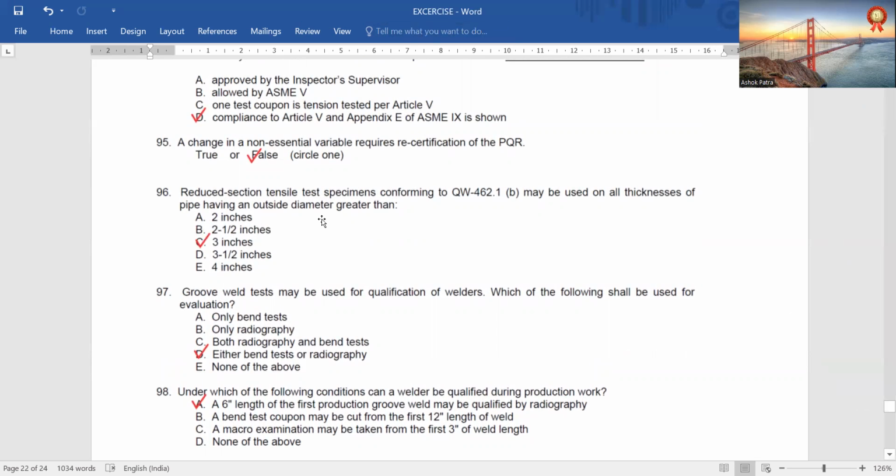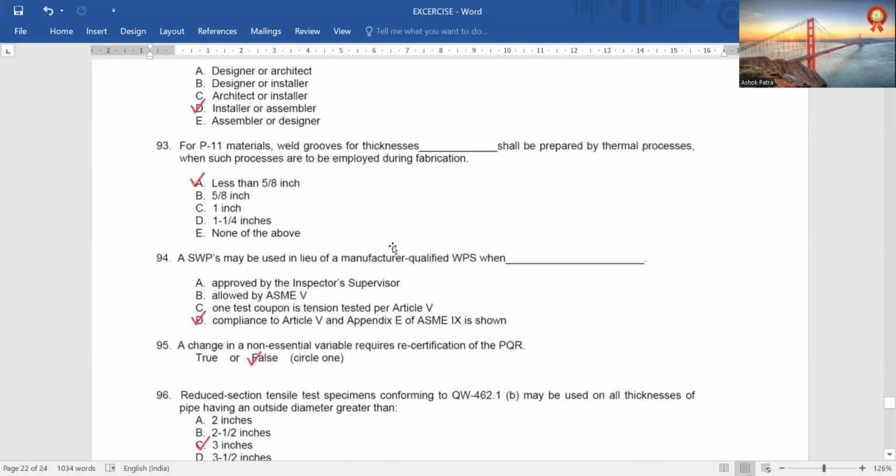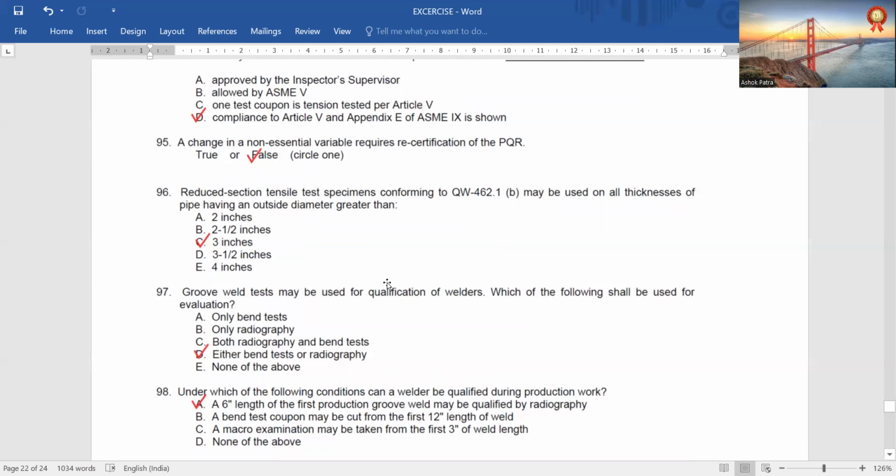Reduced section tensile test specimens conforming to QW-462 may be used on all thicknesses of pipe having an outside diameter greater than 3 inches. Groove weld tests may be used for qualification of welders.